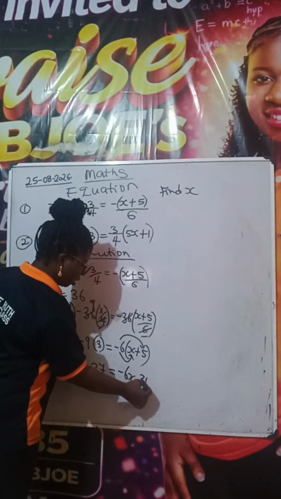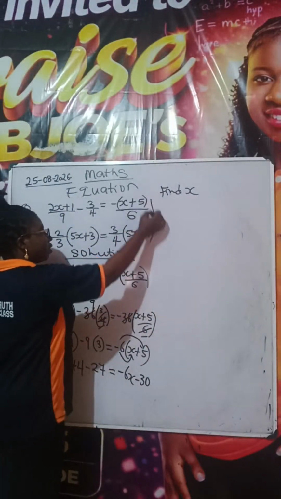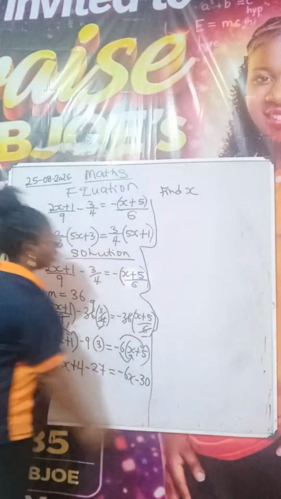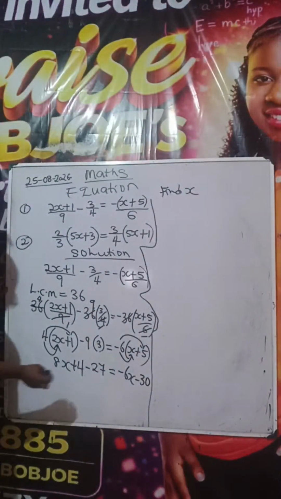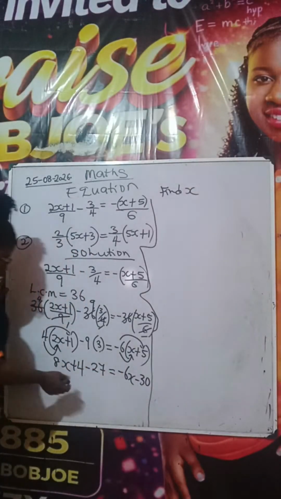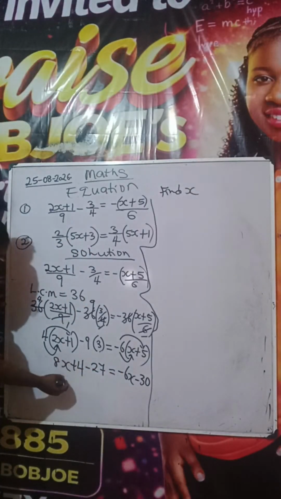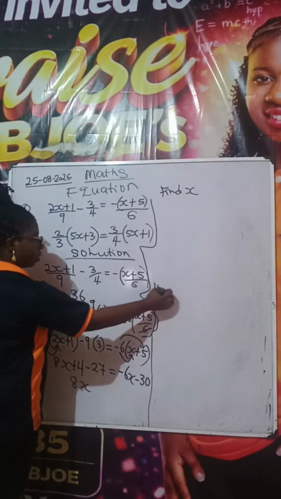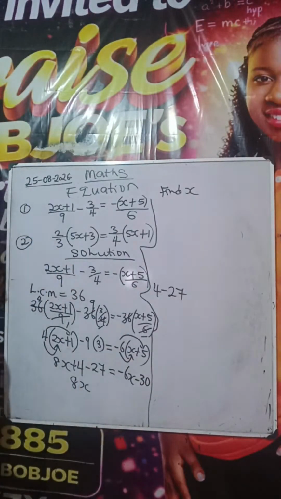Good job. Now we need to bring everything up here. At this point, this is what we have. First of all, let's work on this page. We have 8x, 4 minus 27. What do we have?